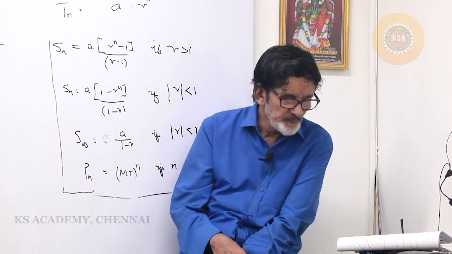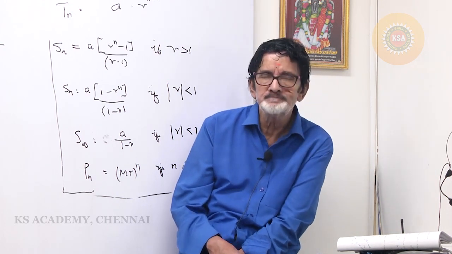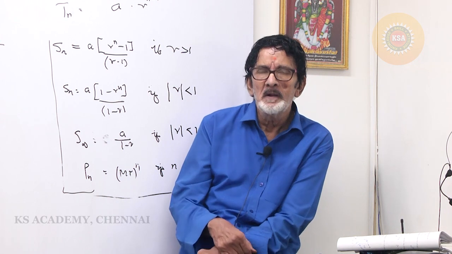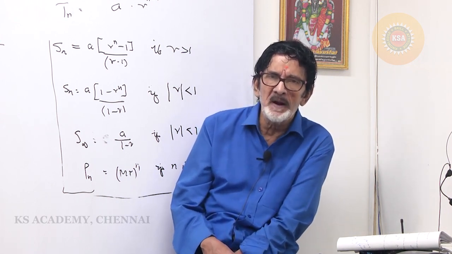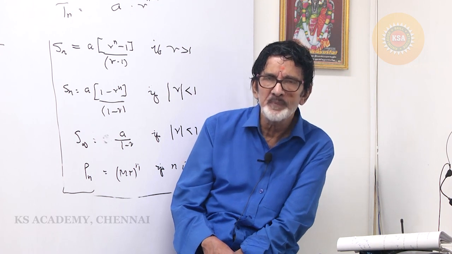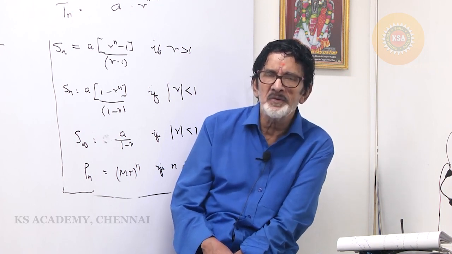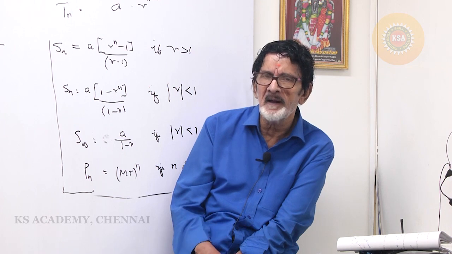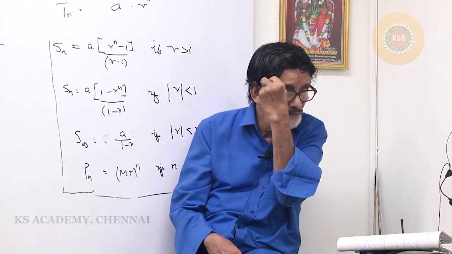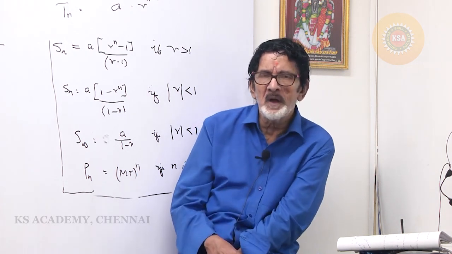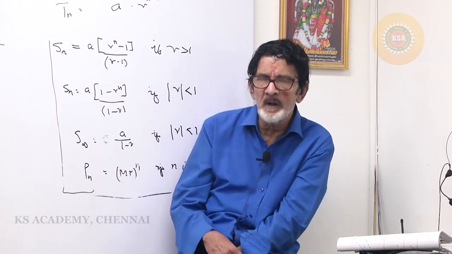First you write problem 7. The given series is not a geometric progression, underline. Not a geometric progression, full stop.